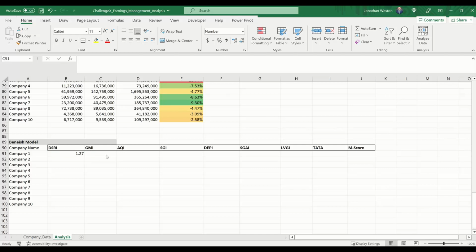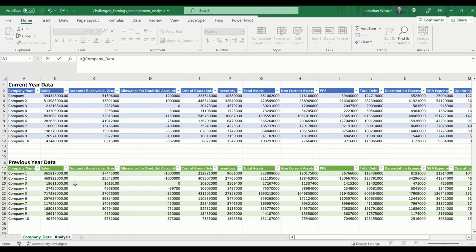Next is the gross margin index, which is the previous year's gross margin divided by the current year's. So go back to company data, and we'll have sales, subtracting cost of goods sold, divided by sales.